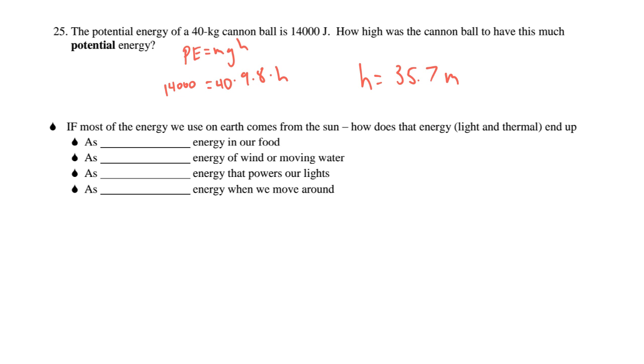So if most of the energy we use on this Earth comes from the sun, how does that energy, light and thermal, end up as blank energy in our food? What we're looking for here is chemical potential.